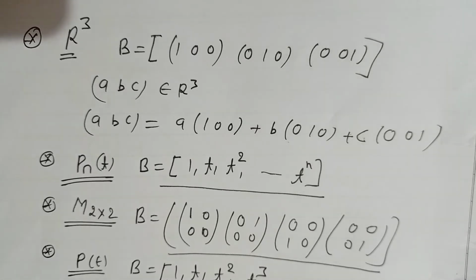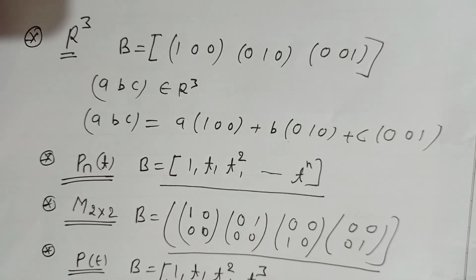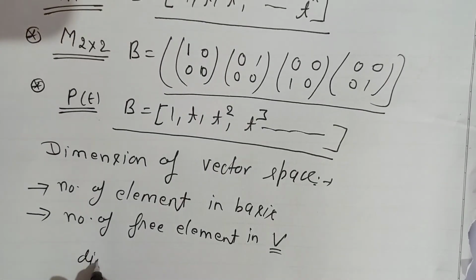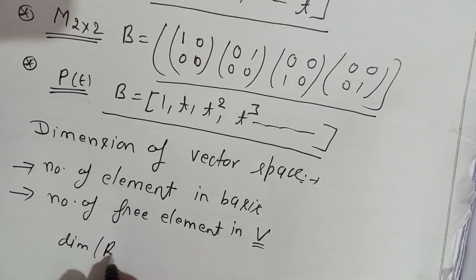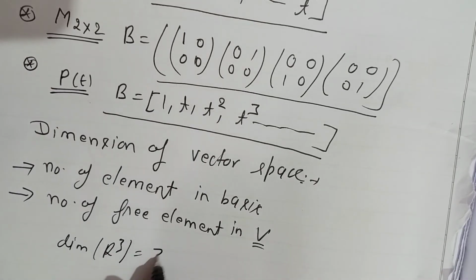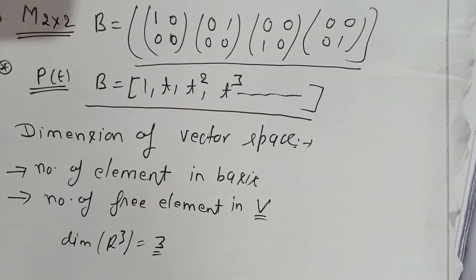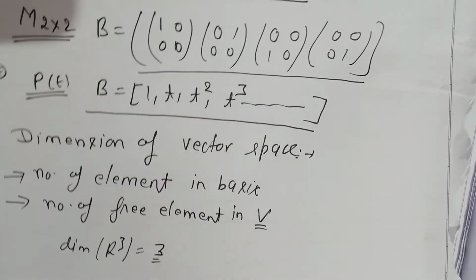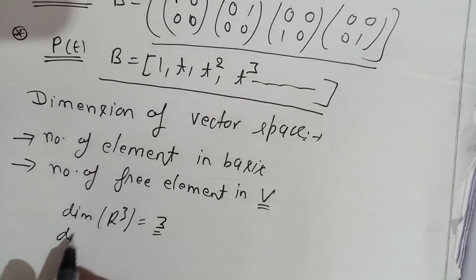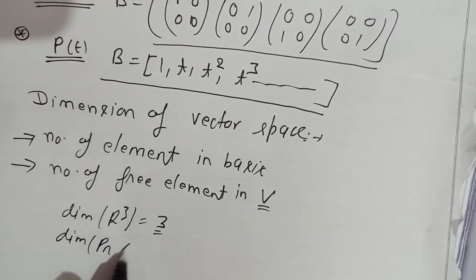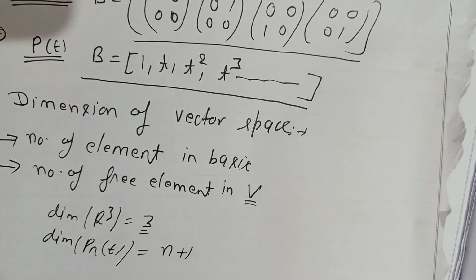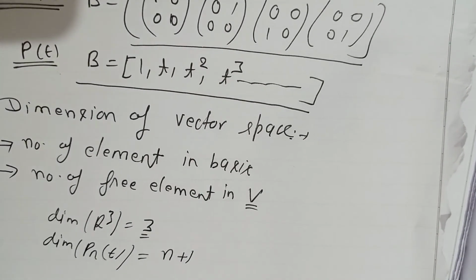So in this example, I can write here: dimension of R3 equal to 3, because in the basis we have 3 elements. Next we have Pn(t). The dimension of Pn(t), the number of elements, is n plus 1. Fine. So this is your dimension.